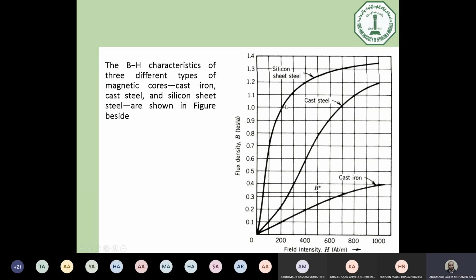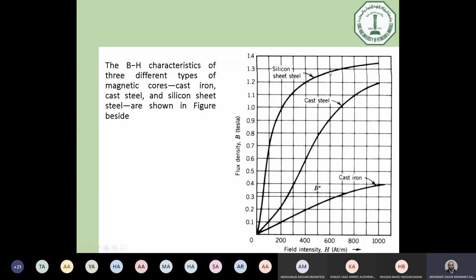It changed from 1 Tesla to 1.1 Tesla. So here, paying more current is useful because you get higher B. However, from 800 to 1000, we increased the current a lot, but the change in B is very small. So this is not good. It's not good to operate in that region.